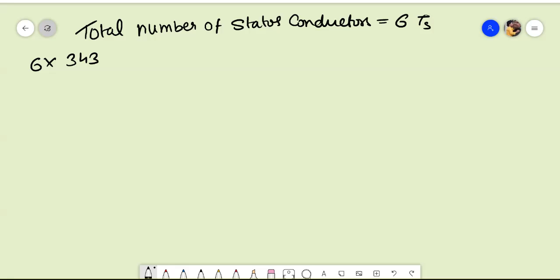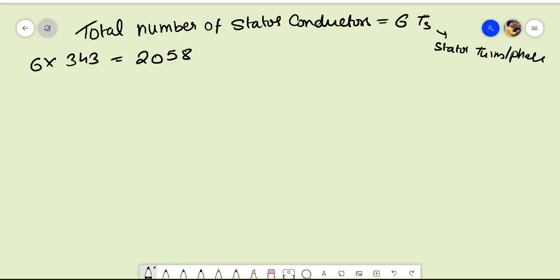TS is the stator turns per phase, so that is 343. So 6 times 343 will give you a value of 2058. That is the total number of stator conductors.